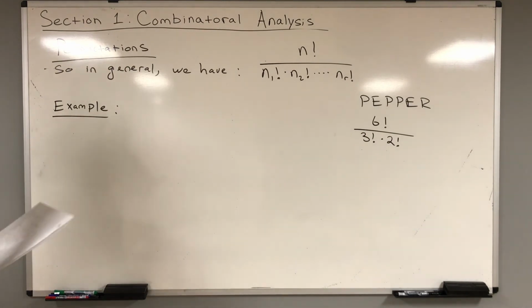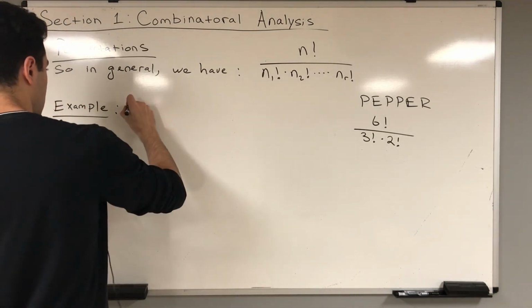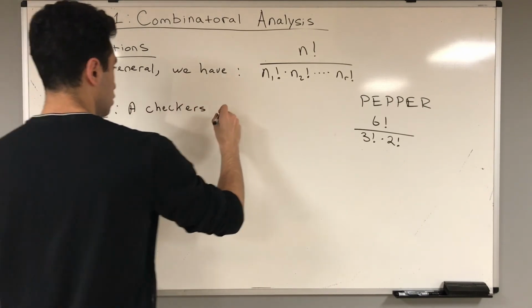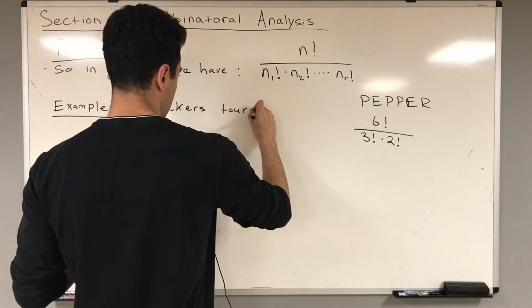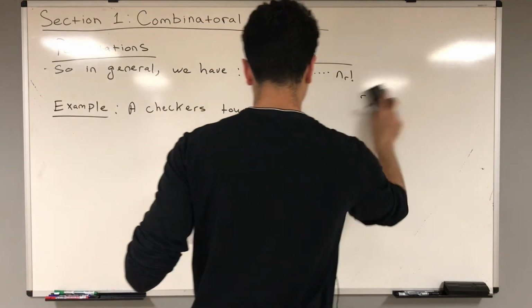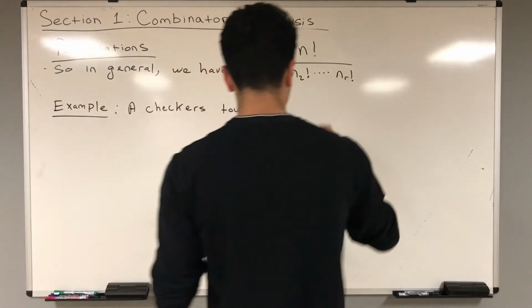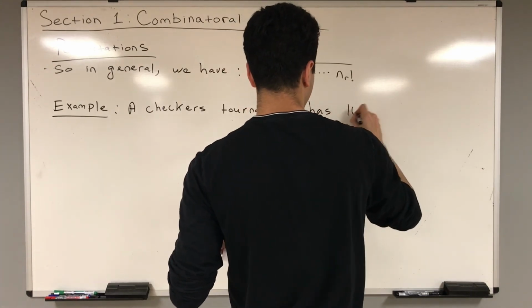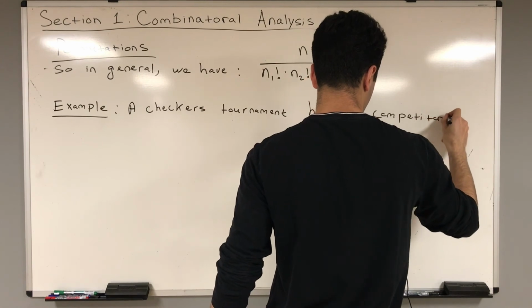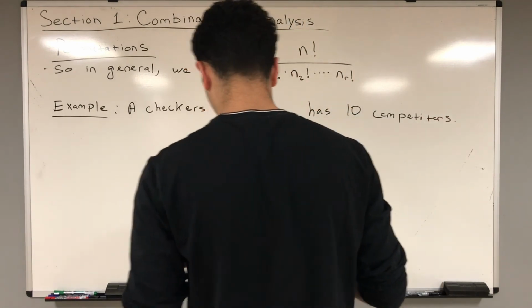So here it is. A checkers tournament has 10 competitors. Of which 4 are Russian.